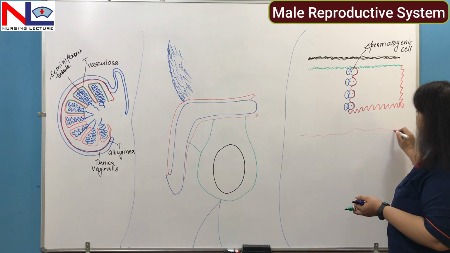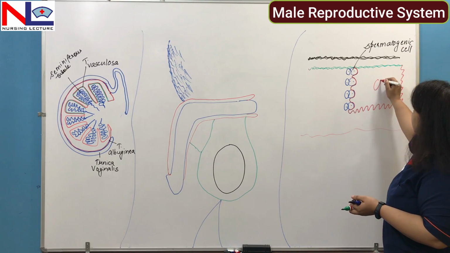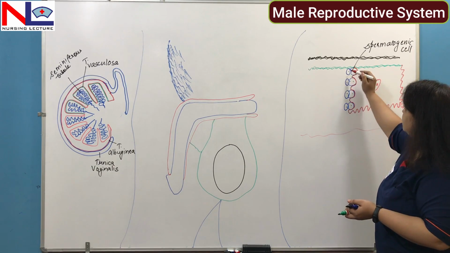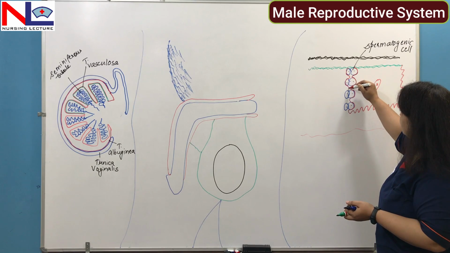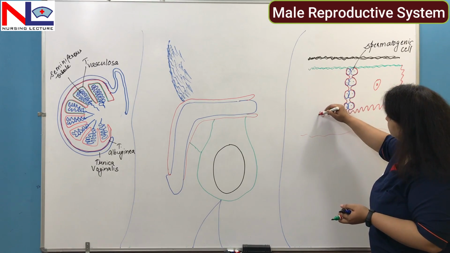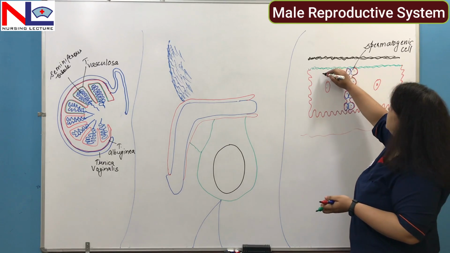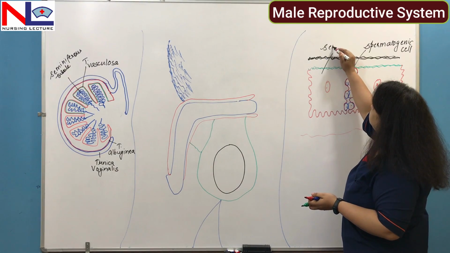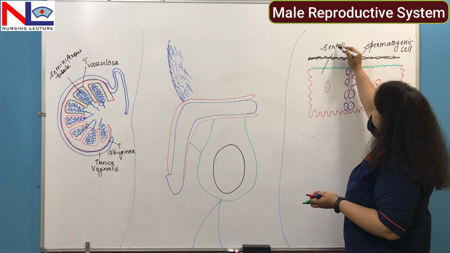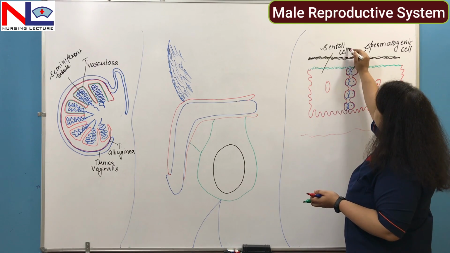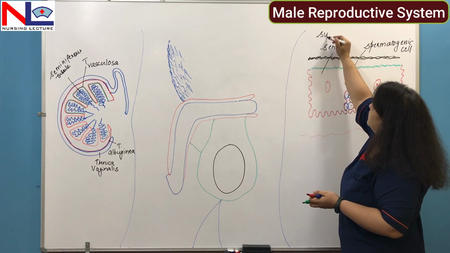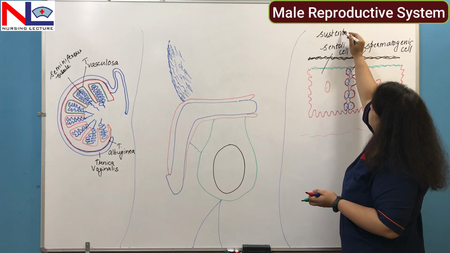Here it is, the lumen. Okay, so these specialized cells are called Sertoli cells, or sustentacular cells.